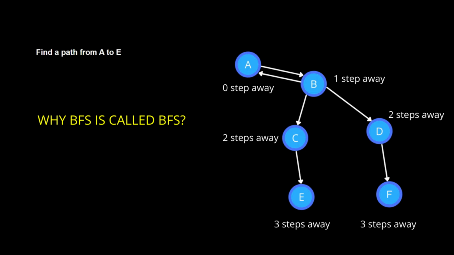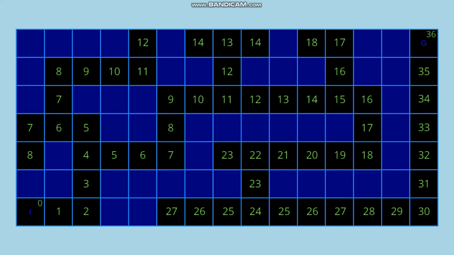Now we will apply BFS technique to solve a real-world problem like the maze problem, as we did in the previous part of this series with DFS. This is a maze in which only one solution exists.